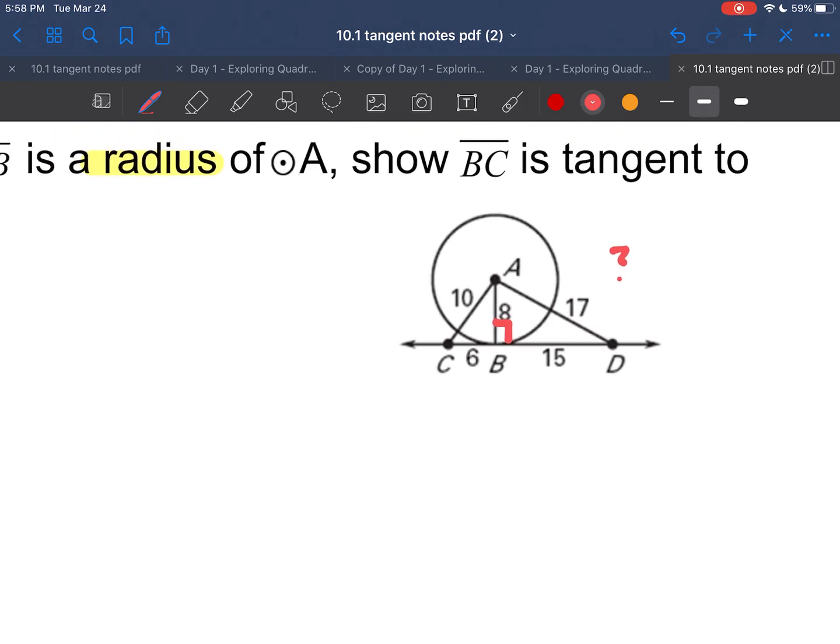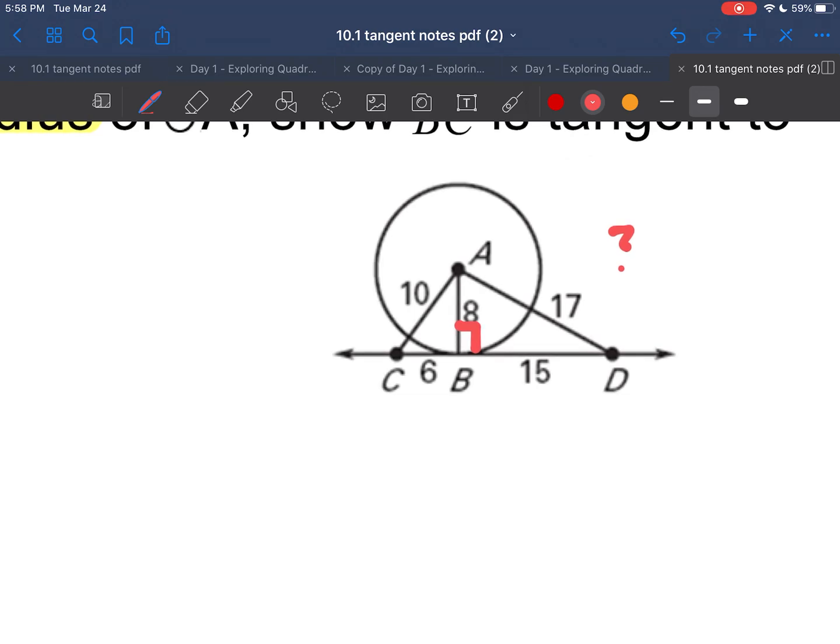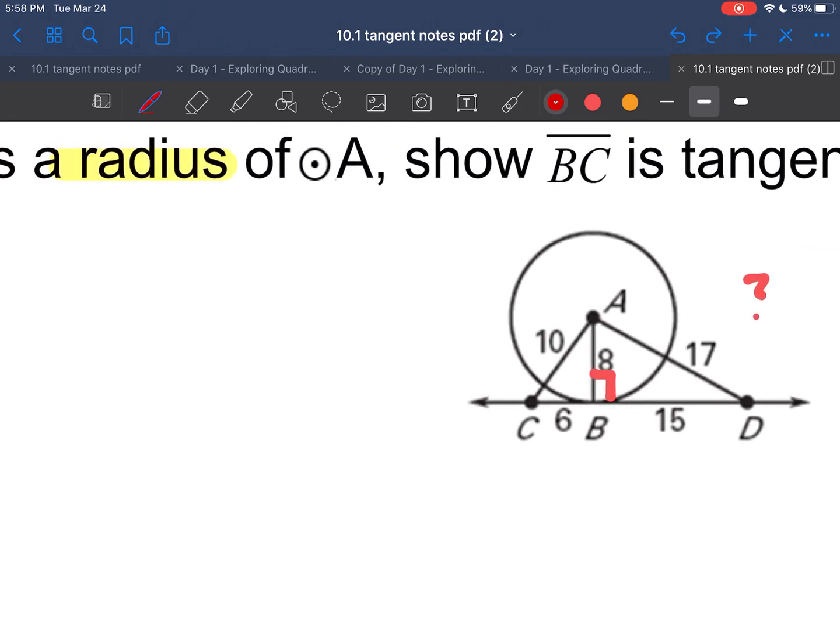When you look at that picture a little closer, I really want to know how I can verify that that's a right triangle. If you think about right triangles, what should come to mind when you see these three side lengths is the Pythagorean theorem. I'm trying to determine, do those three numbers, 8, 15, and 17, fit into the Pythagorean theorem?